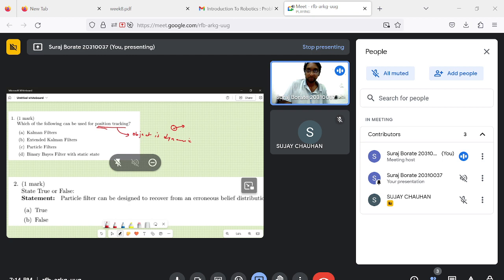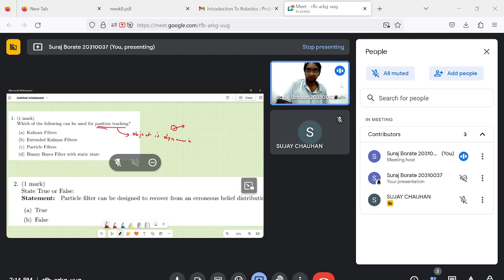Particle filter can be designed to recover from an erroneous belief distribution. Is it true or false? If you remember the particle filter that we have discussed in earlier weeks, in the particle filter we had the resampling step, in which new particles were added.